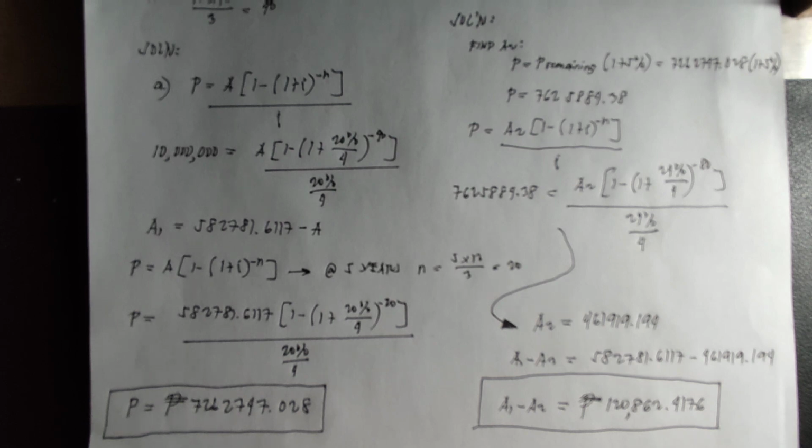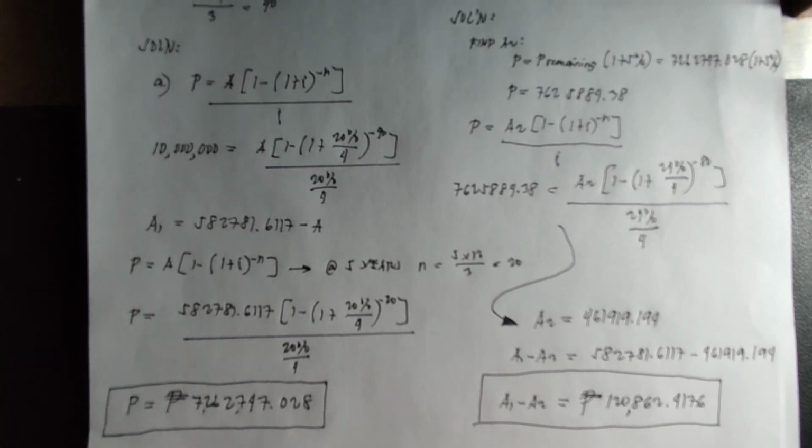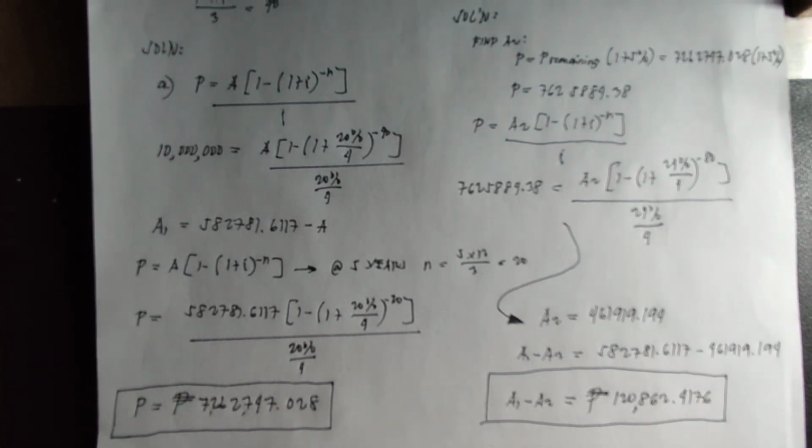So our P, or our amount, will be equal to 7,262,747.028 pesos.